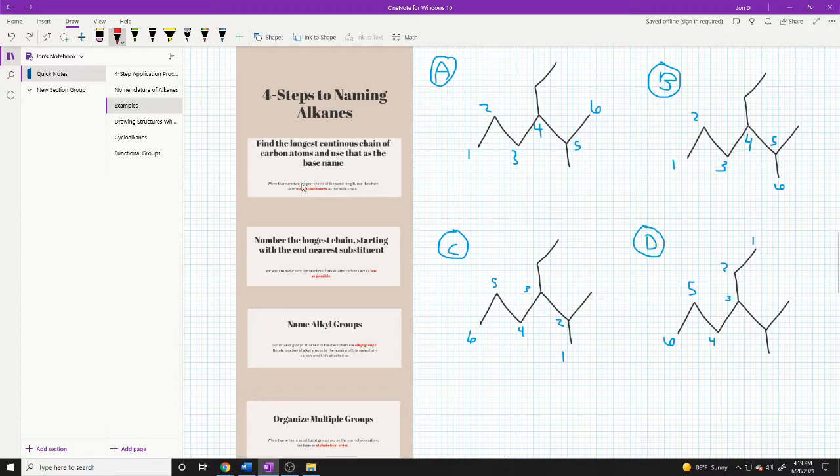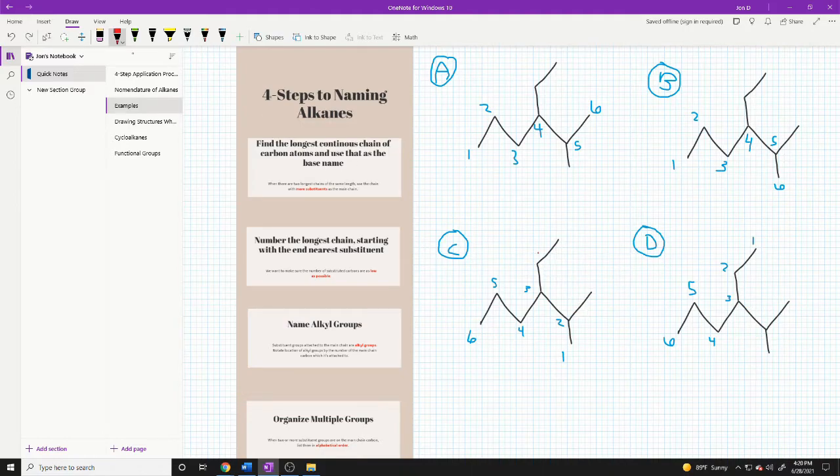This little note right here where I'm hovering over says use the chain that has more substituents on the chain. And so like I said before, with compound C, this has two substituents, 1, 2, versus this compound right here, this whole thing, this is an isopropyl group.